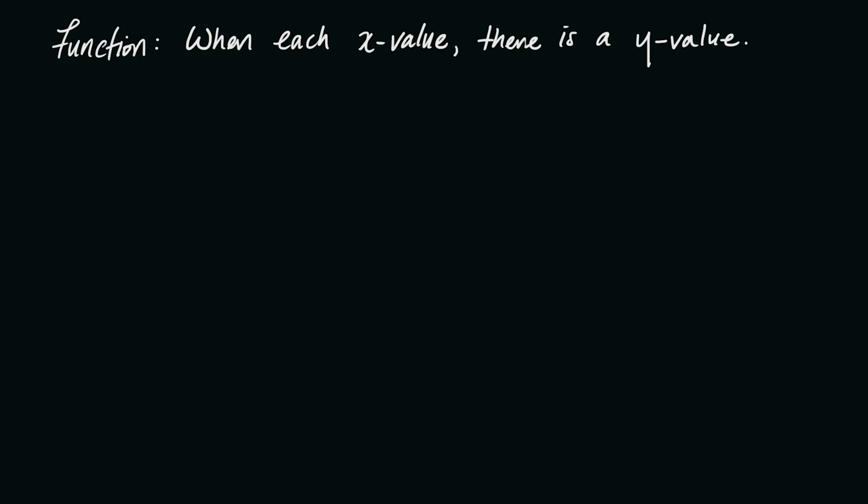Now, just from that definition, it's a bit sketchy, but we have some exceptions. So we have some requirements basically. Our first requirement says that for every y value, there could be multiple x values.